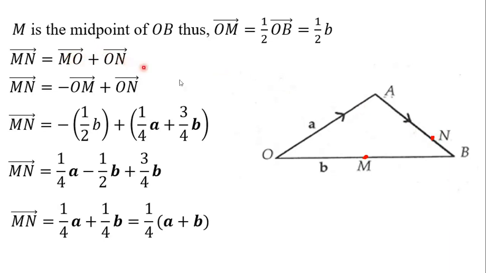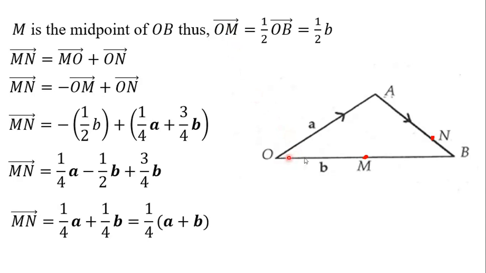Now, what is MO? How can we get MO? But even before we consider MO, let's consider what OM is. What is the vector OM? Well, we know that M is the midpoint of OB, and so whatever OB is, OM is going to be half of that.